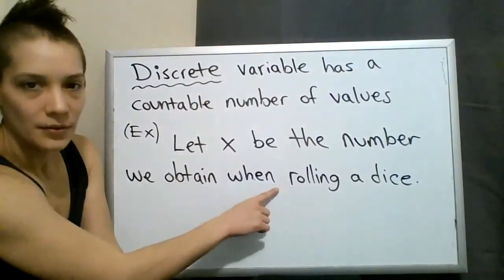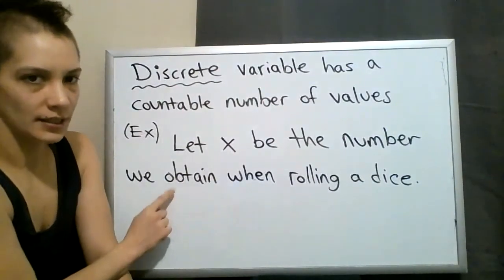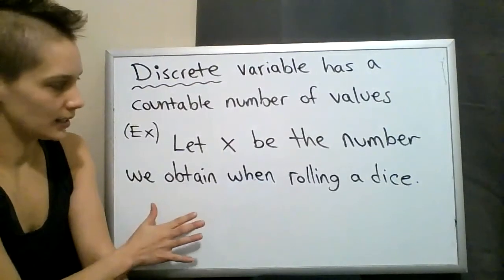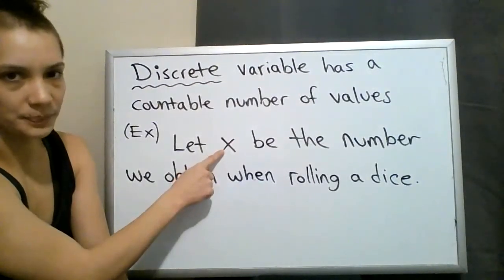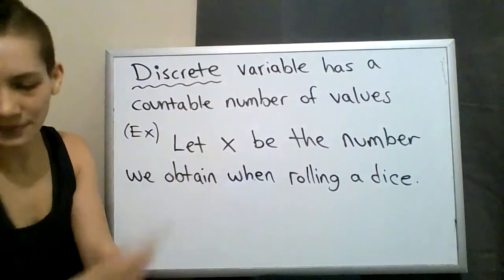Okay, so all the numbers that are on the die are 1 through 6. So x can be any number between 1 and 6.